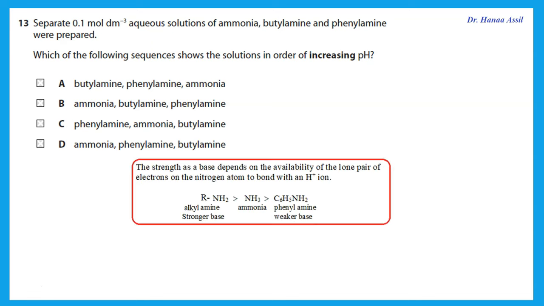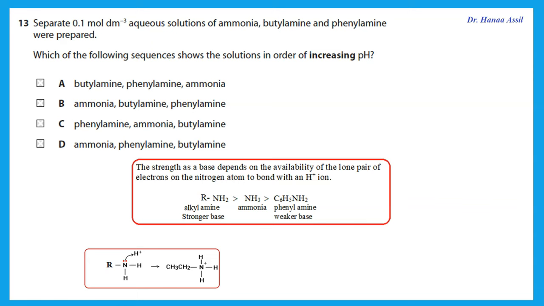We know that all of these are amines, and we said the strength of the amine depends on the availability of the lone pair of electrons on the nitrogen in order to make a dative bond with H plus ions. So which of these has the lone pair of electrons on the nitrogen more available? If we have an alkyl group, alkyl groups are carbon chains.